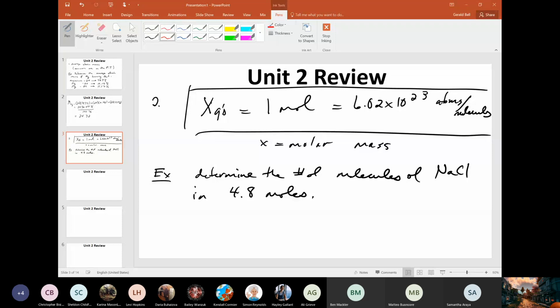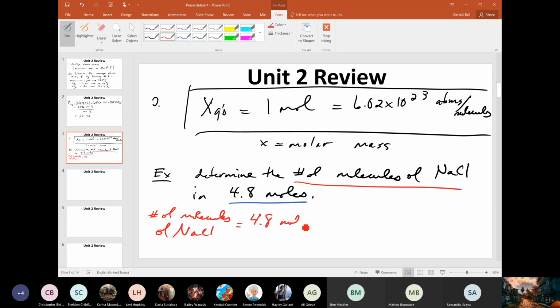This is one of those questions where we write down what we're trying to find, setting it equal to what we know. So we're trying to find the number of molecules of NaCl, knowing we have 4.8 moles of NaCl.